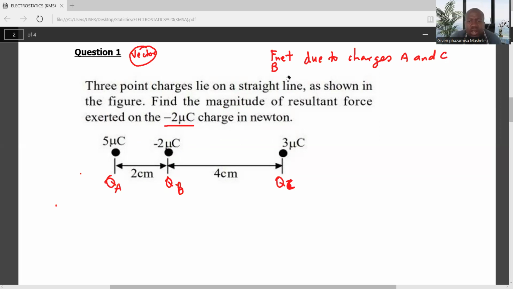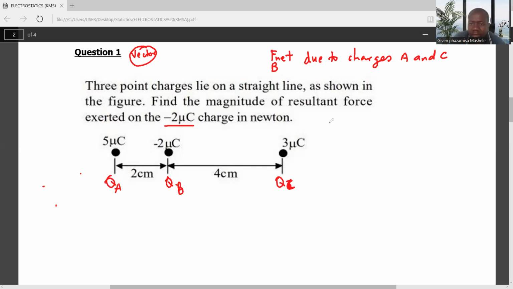So we must first draw a vector diagram or a free body diagram to represent the forces that are acting on charge B.